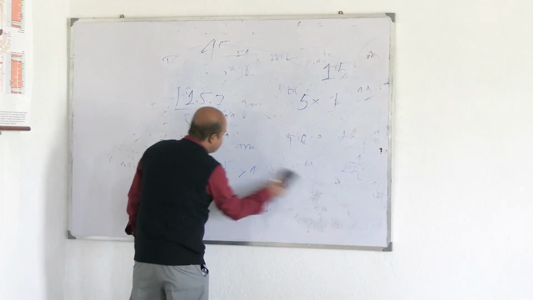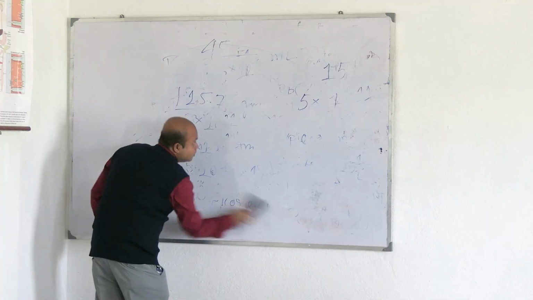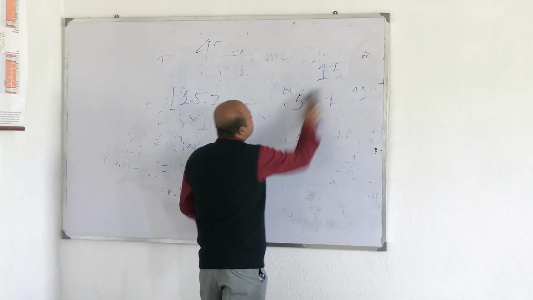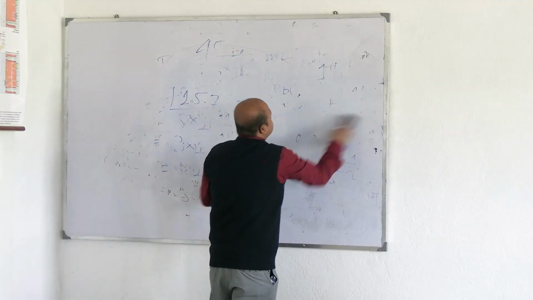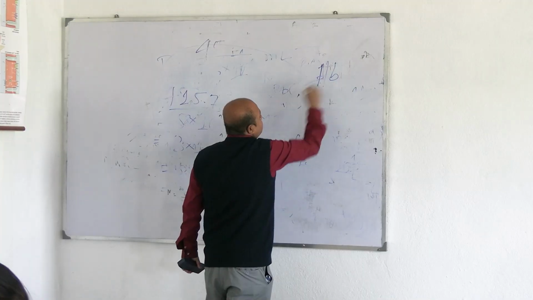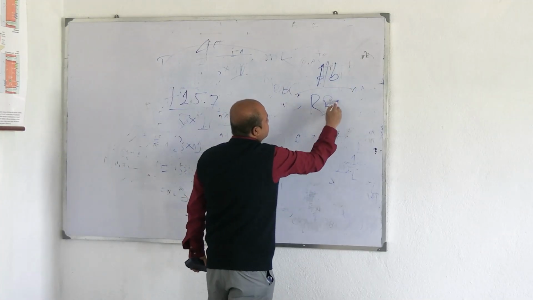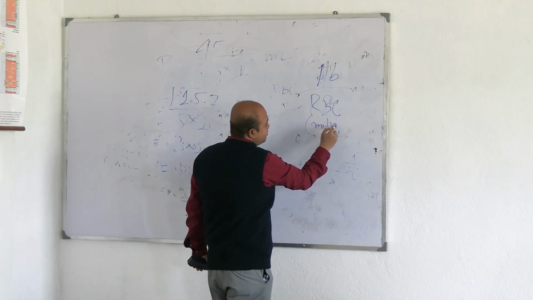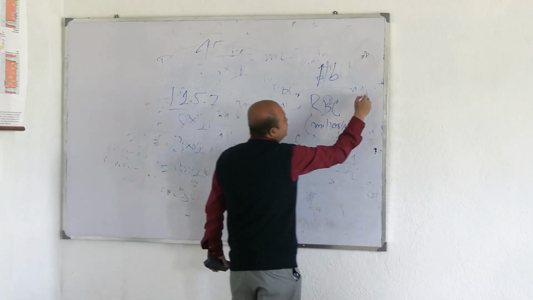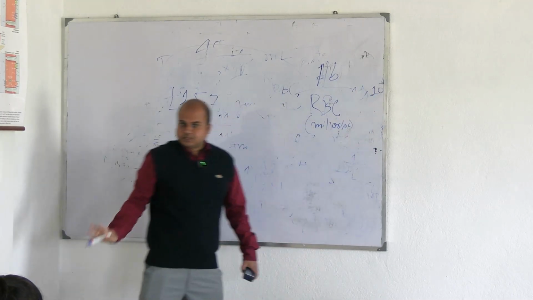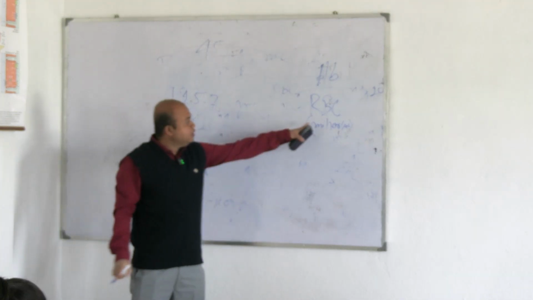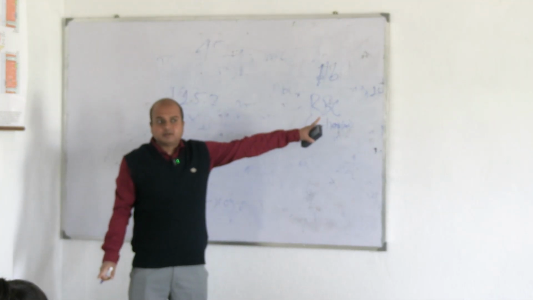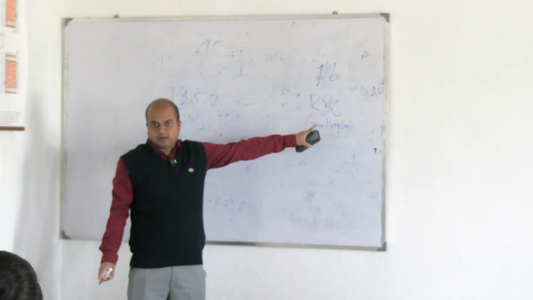Again, the formula is hemoglobin by RBC count in millions per microliter into 10 picograms. But you have to remember, you don't put 10 to the power 6 here.